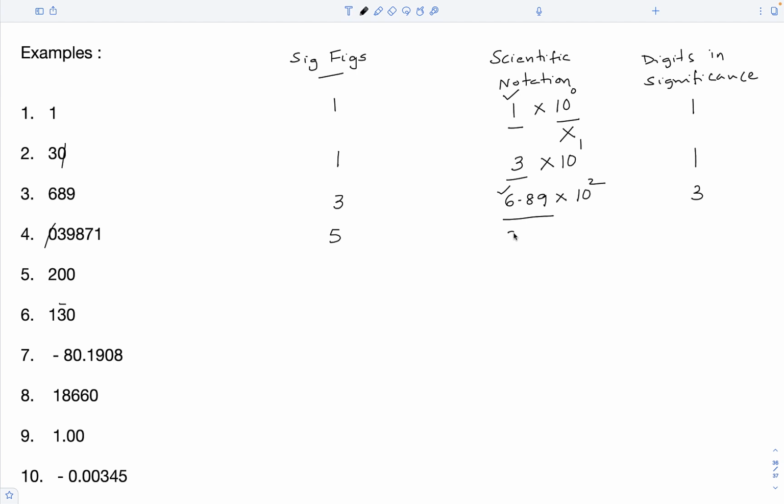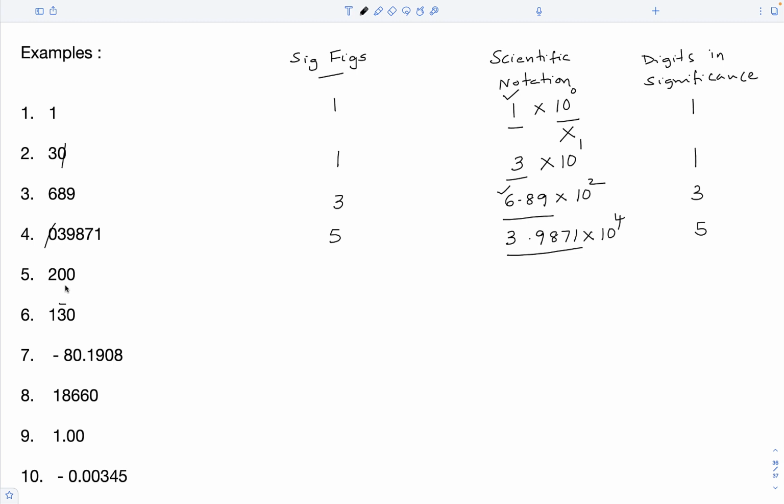I think we can write it as 3.9871 multiplied by 10 to the power of 4. And to know the number of significant figures, all we need is this significand, and from this you can easily figure out that there are 5 significant figures. By the way, how many digits are there in this significand? 5.